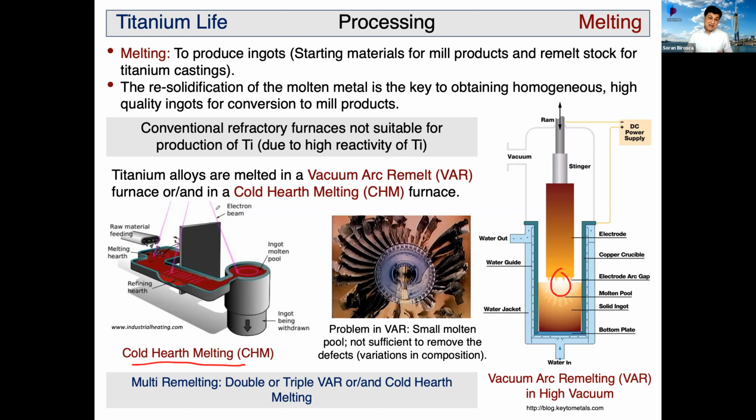The skull here will trap the defects generated from the processing, and then the pure titanium will go back and the ingot will be generated. So either you do double or triple VAR, or this; imagine this is a very expensive process to go through.